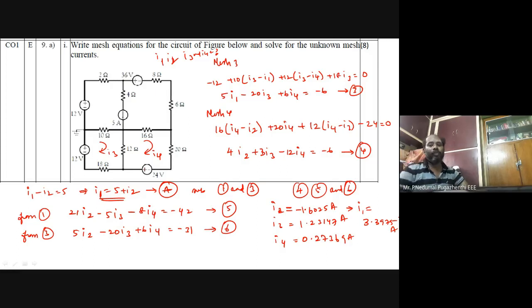So if you get a problem with 4 different variables, take one equation, convert the other 3 equations into equations with 3 variables, and solve that using a calculator, because if you go for a matrix or Cramer's rule, it will take much time. It will take half an hour to 40 minutes to solve. That is not good.